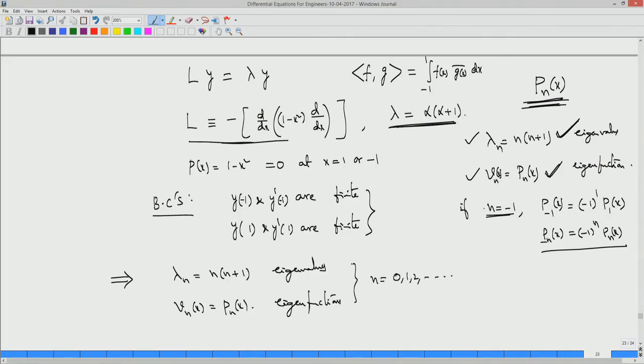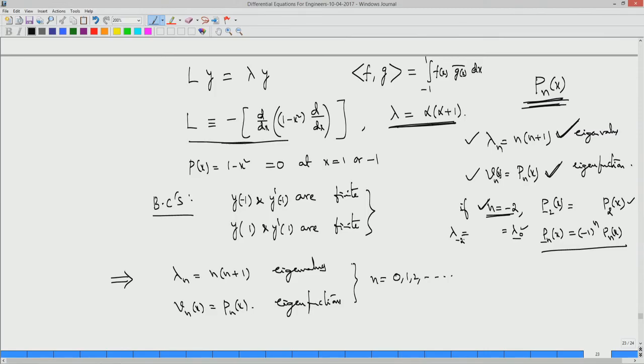So, corresponding to this you have the same solution. If you think of the eigenvalue corresponding to n equal to -1, what is that eigenvalue? Lambda -1 is equal to -1 into 0, so this is actually lambda 0, which you already have here. If you take lambda equal to -2, you think lambda -2 is also an eigenvalue because you have P -2, which is P2, a non-zero solution, an eigenfunction.